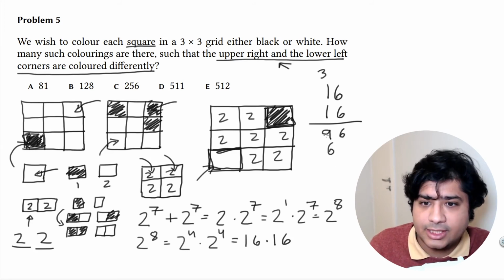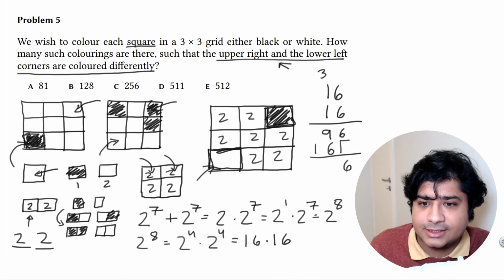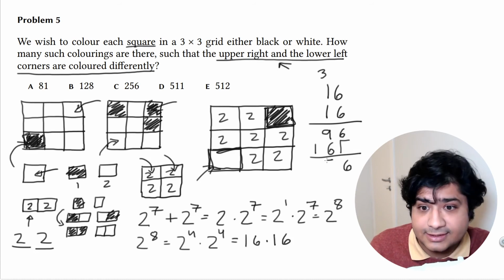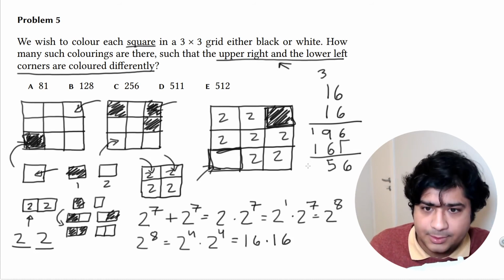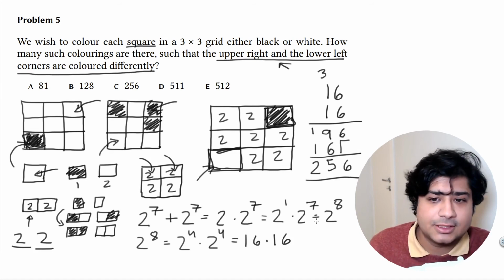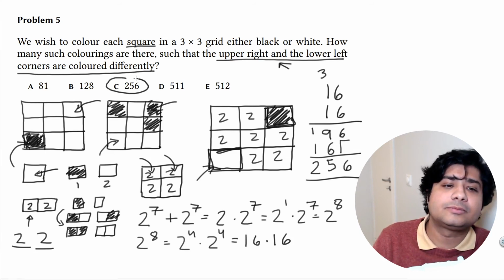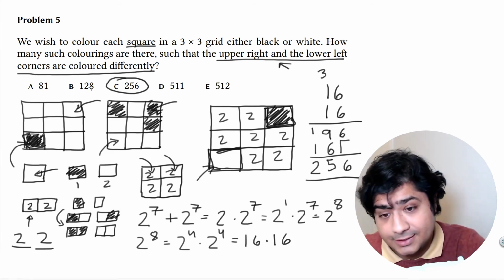And then we have 1 times 1, that is 1. Let's add a little stair thingy here, and then we'll have 6. And 9 plus 6, that's 15. Up here, and we get, of course, 256, which is the final answer. There you go. C is the right answer on this one.